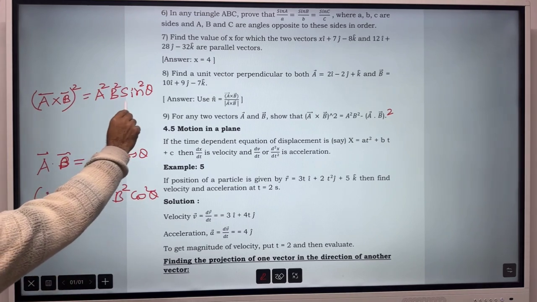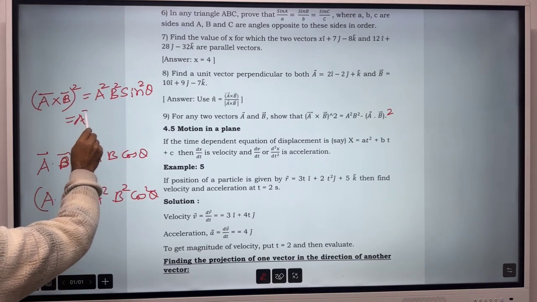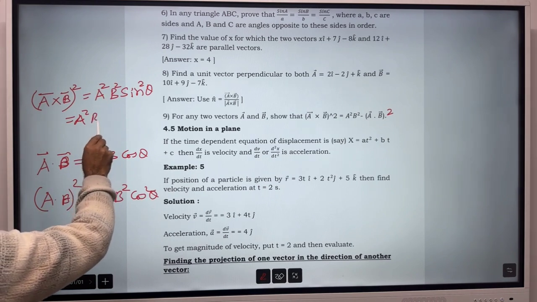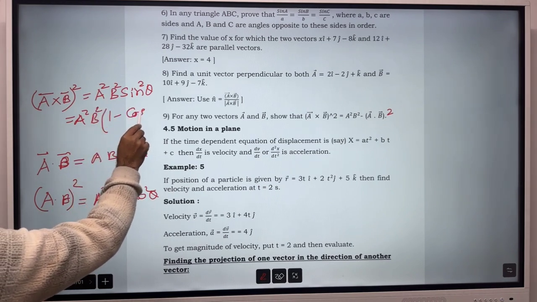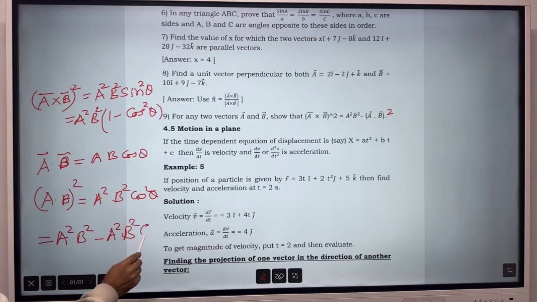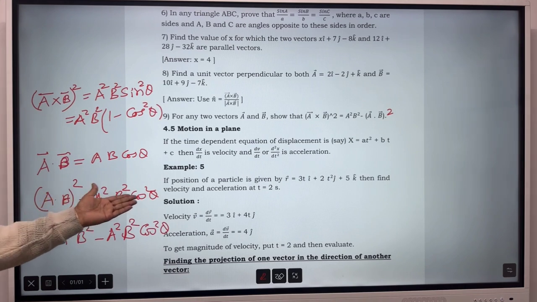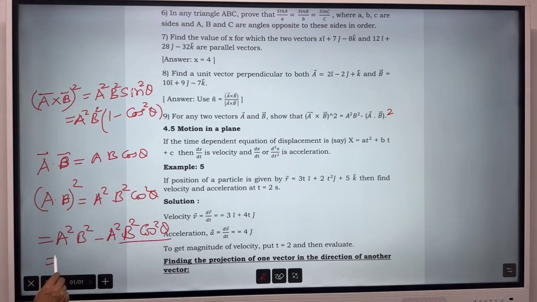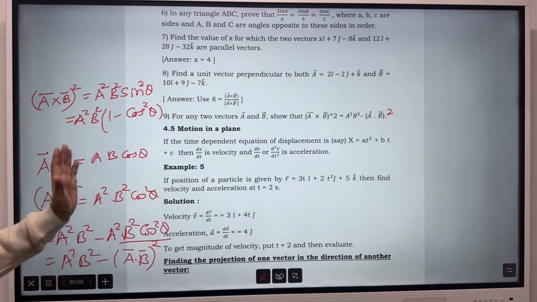Either you write here 1 minus cos square theta, A square B square and 1 minus cos square theta, and you open the bracket. What do you get? If you open the bracket, you will get A square B square minus A square B square cos square theta, and you have got A dot B whole square equal to A square B square cos square theta. You can write here. So you will get A square B square minus A dot B vectors whole square. So you have got the answer.